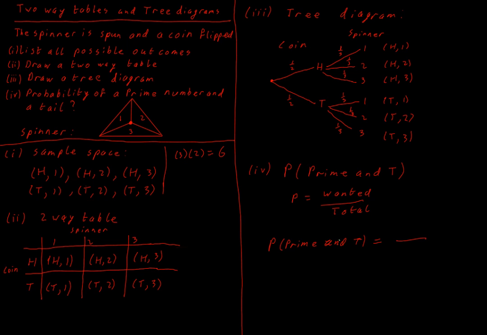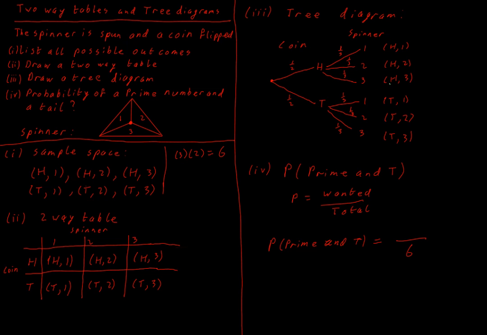Well, what's the total? I already worked that out, and I can see it from my sample spaces and from everything. I have 1, 2, 3, 4, 5, 6 total things that can happen. And how many of them meet this criteria? How many of them are described by this? How many outcomes do I get where I have a tail and a prime number on my spinner?